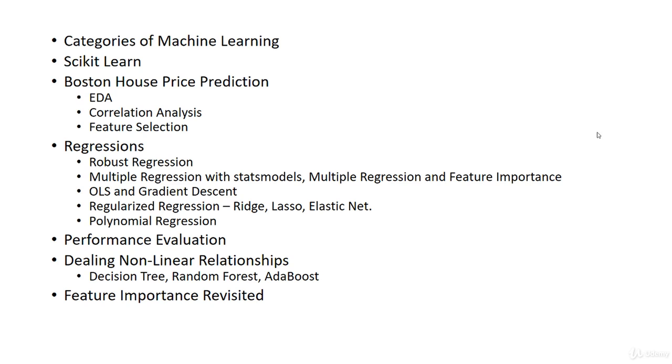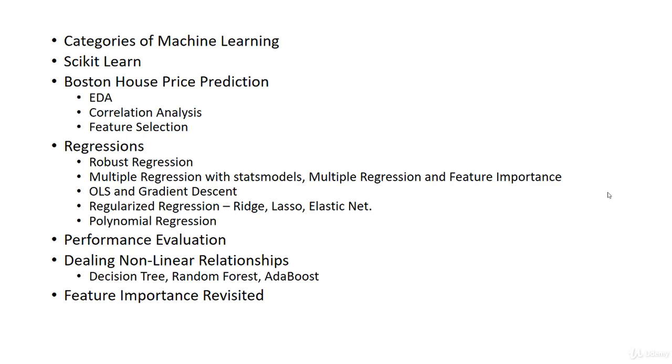On top of that, we're going to start applying all of the things that we learn on what we call Boston housing prediction, real-life data, and basically performing exploratory data analysis and then correlation analysis as well as feature selection to begin with for the Boston housing prediction.